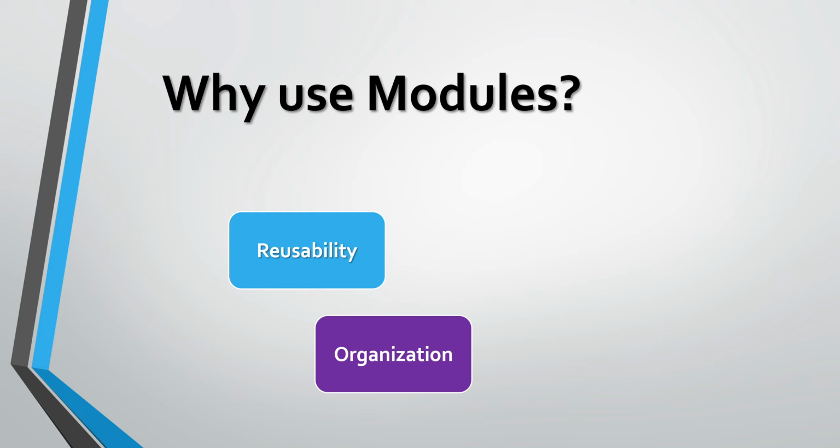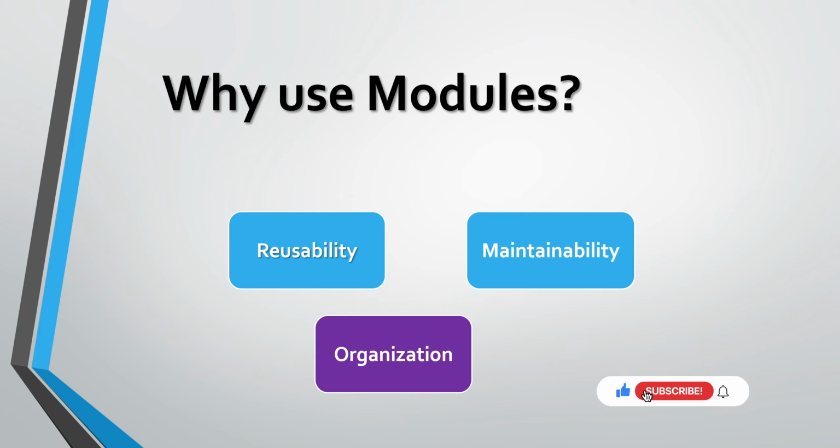Now organization: modules are a way to organize your code. You can split your code module by module, and design or organize your code in a much cleaner way. Maintainability of modules is a really good feature. When you are using many different modules, maintaining them is much easier.